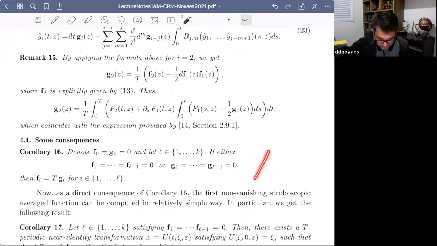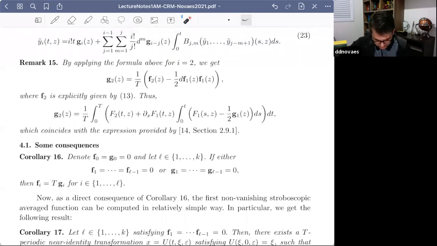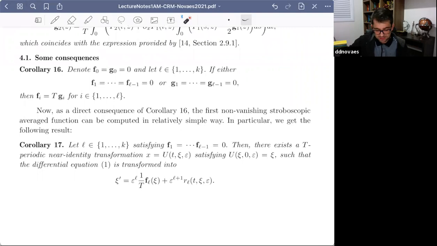So this is a first consequence, and another consequence is that we can come back to the averaging-like result about conjugation of differential equations, but now using the Minicurso function, FL. So let L be the index of the first non-vanishing averaged function.